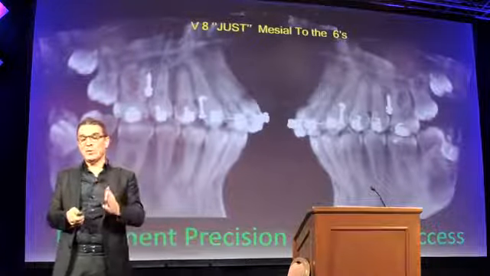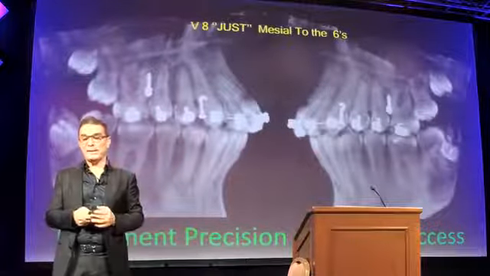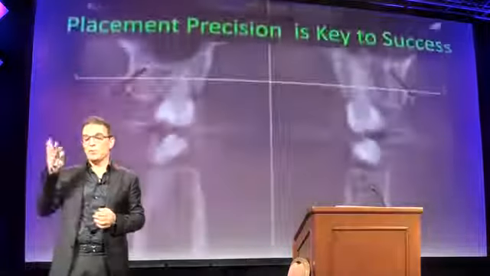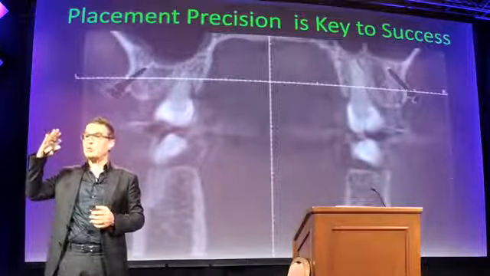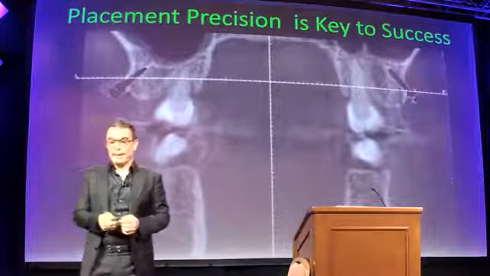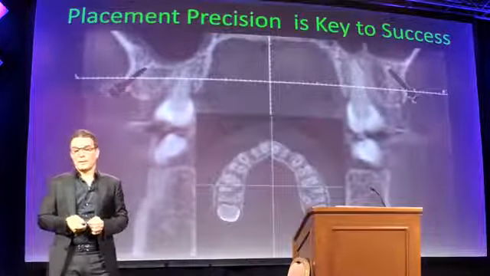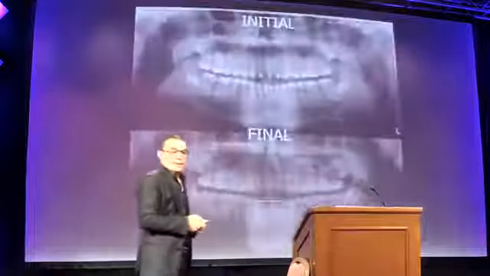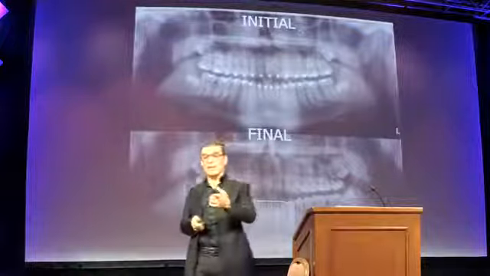This is another case where you see the precision of the placement of the mini screws very close to the molars, with an angulation of 30 to 40 degrees to be in a larger space, in a wider space. Look at this panorama.